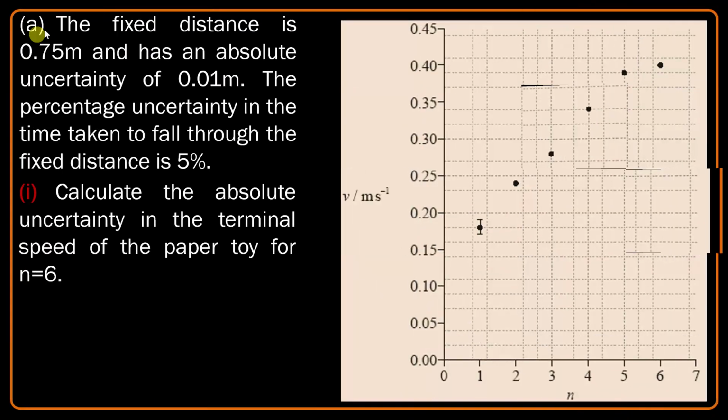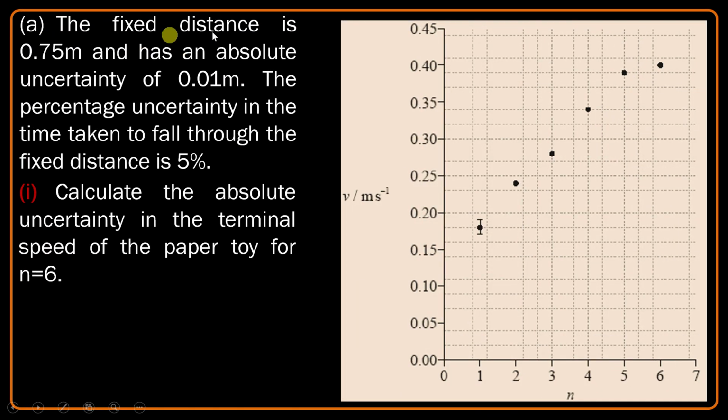Okay, let's continue. The fixed distance is 0.75 meters, 75 centimeters, and has an absolute uncertainty of 0.01 meter, maybe 1 centimeter. So, in other words, I can say the distance is d, the fixed distance, 75 centimeters, plus or minus 1 centimeter as the uncertainty.